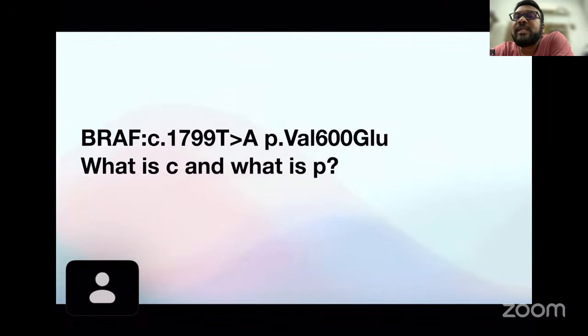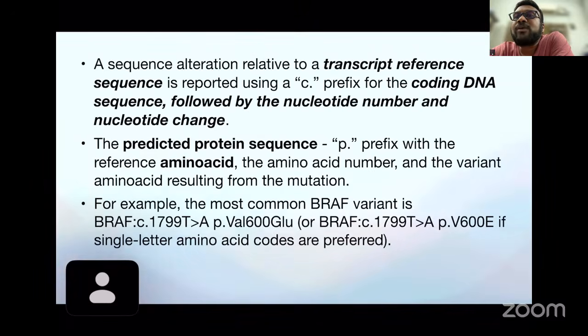So that is basically the coding DNA sequence followed by the nucleotide number and the nucleotide change. And then we have the p prefix. The p prefix is for the predicted protein sequence with reference to the amino acid number and the variant amino acid resulting from the mutation.